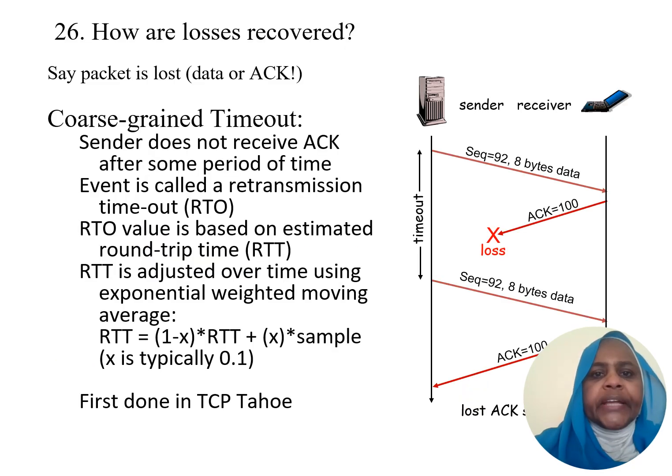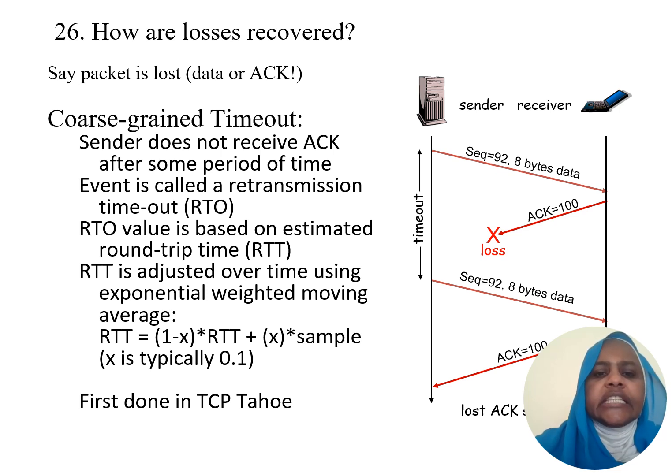The coarse grain timeout happens when the sender does not receive an acknowledgement after a period of time. This event is called retransmission timeout. The retransmission timeout value is based on the estimated round trip time.